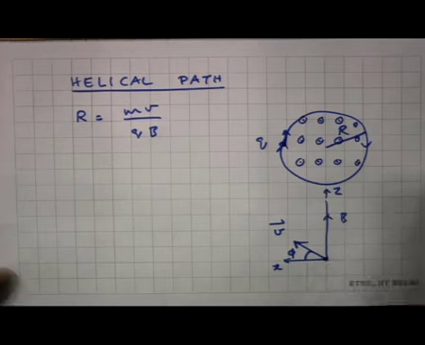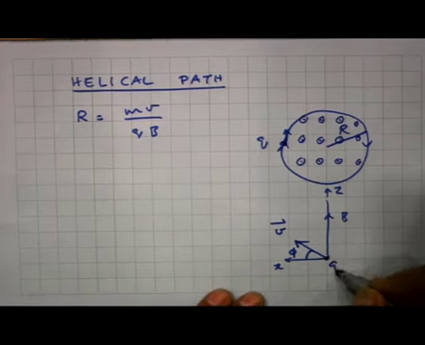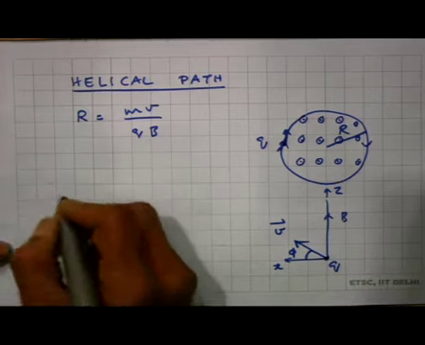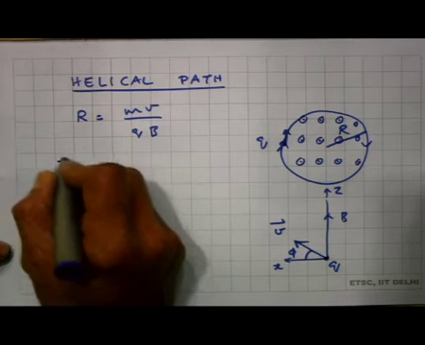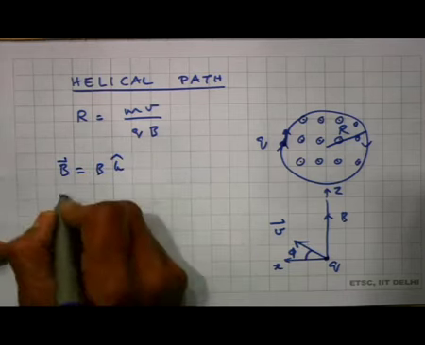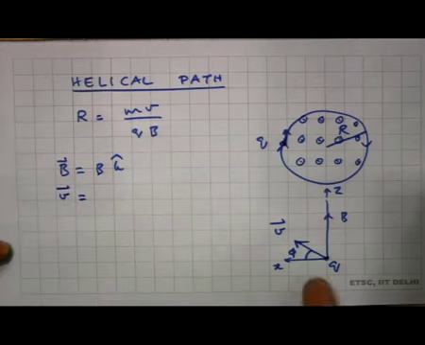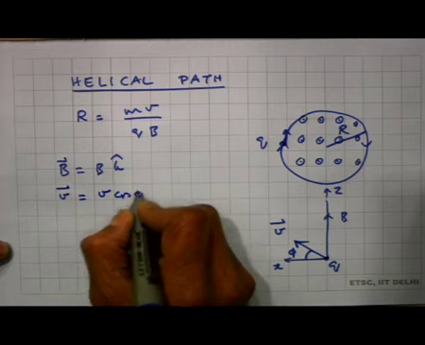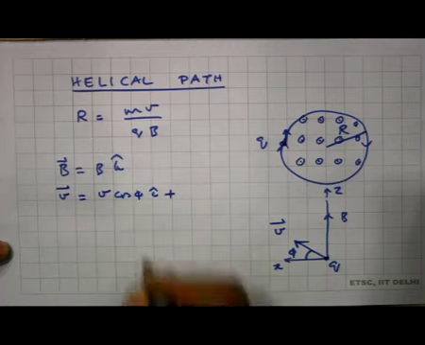Let me assume a positive charge q at an angle with the perpendicular to the B vector. So I can write the B vector is equal to B times k cap. The velocity vector has now two components, an x component which is v cos phi and a z component which is v sin phi.